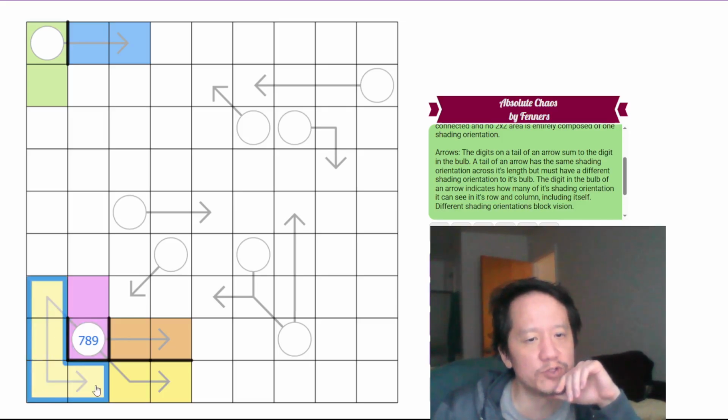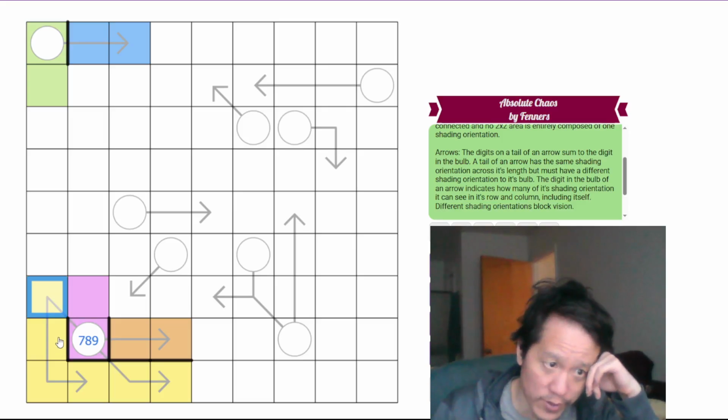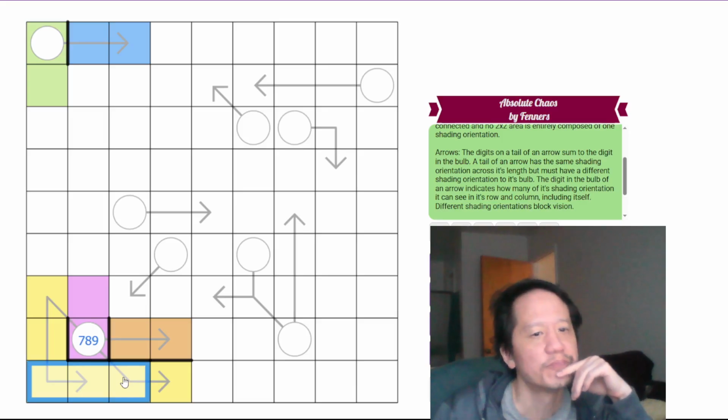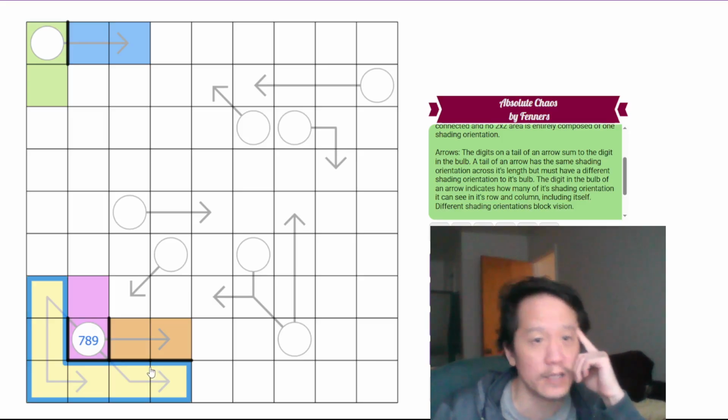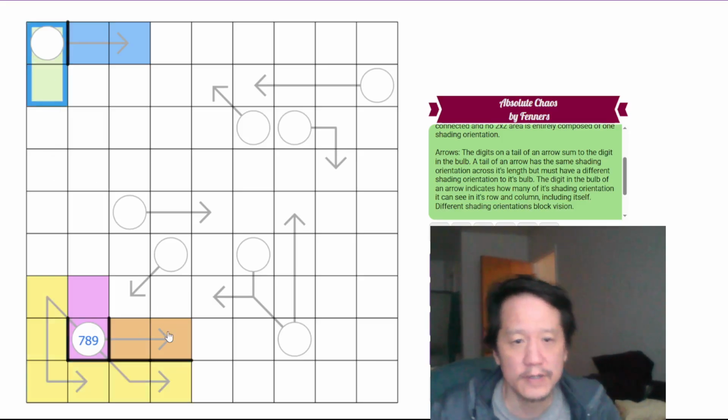Since one of them is duplicated, that means these have to form 2 regions. If part of the region is here and this is part of a region, it still needs to exit out that way. So this has to be all part of the same region. It's likely green would be my guess.